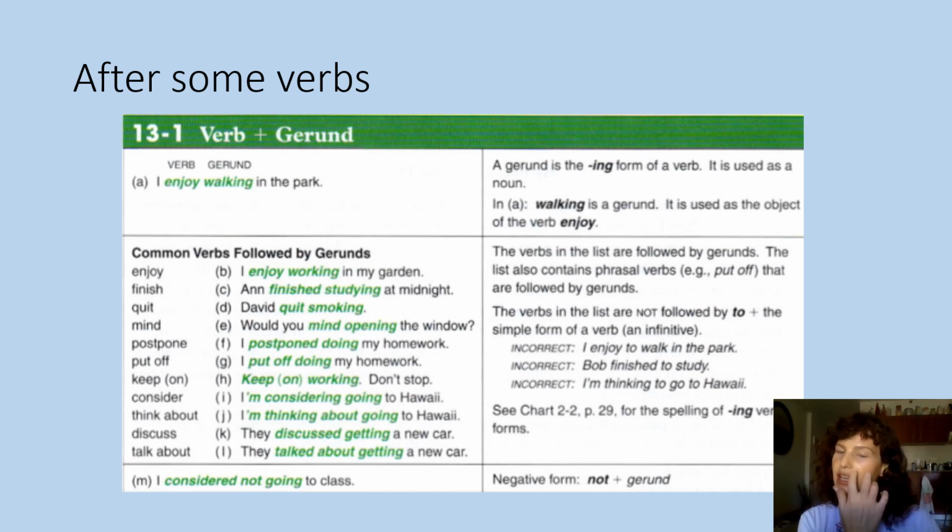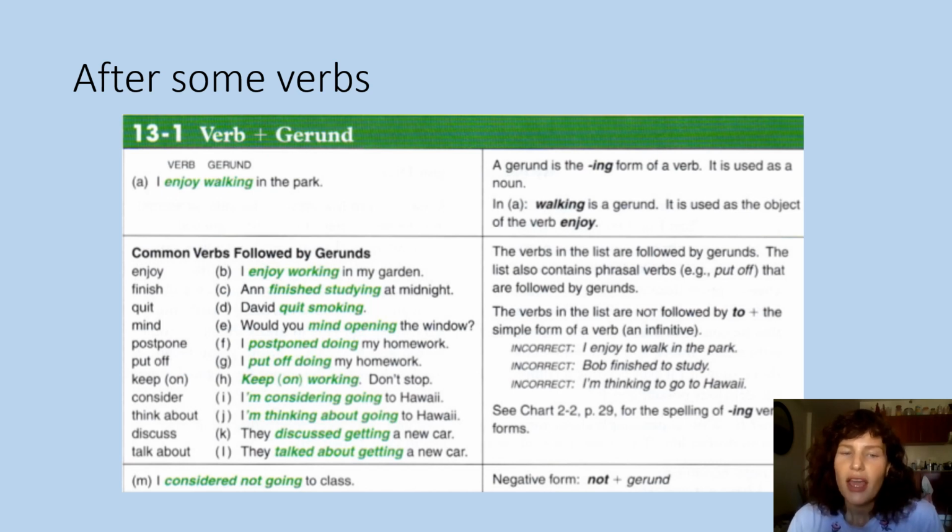The last example is after some verbs, and you can find this box in your book on page 342. We have a bunch of example sentences. I enjoy working in my garden. Not I enjoy work, or I enjoy to work, I enjoy working, okay? They discussed getting a new car. Discuss means kind of like talk about, right?